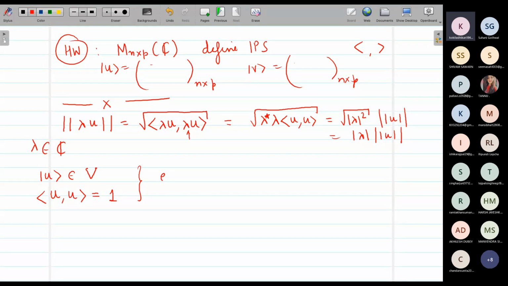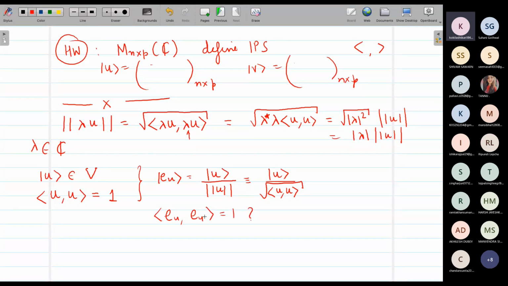Okay, so let me define another vector, which I will call e_u, as the u vector divided by the norm of u. Just to make sure that you are getting comfortable with this notation, I write it explicitly. So now can you show that e_u comma e_u is equal to 1?